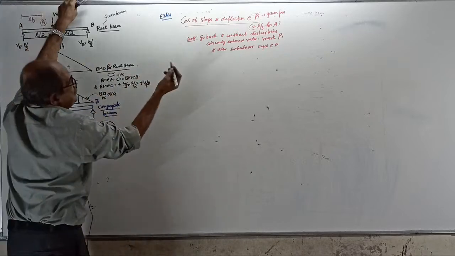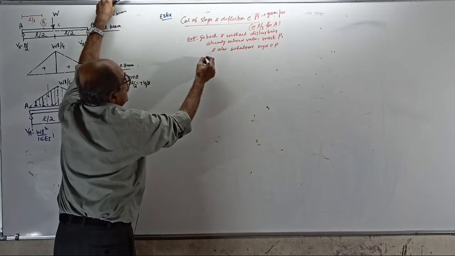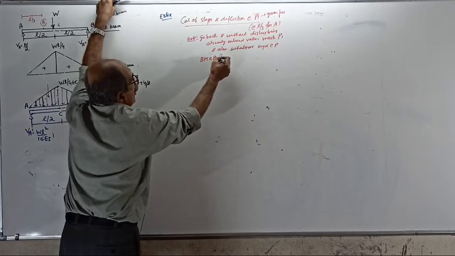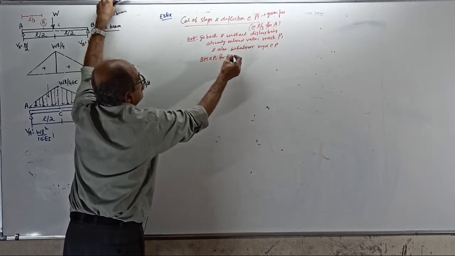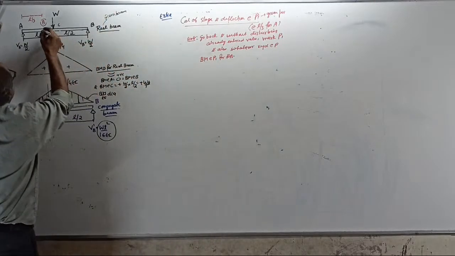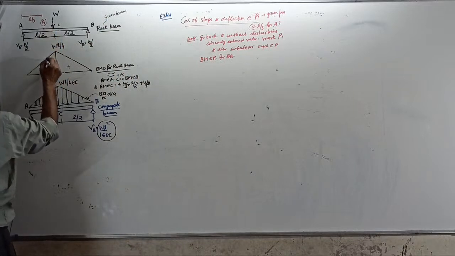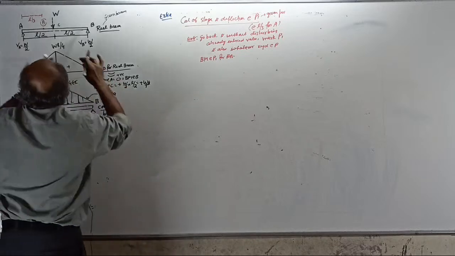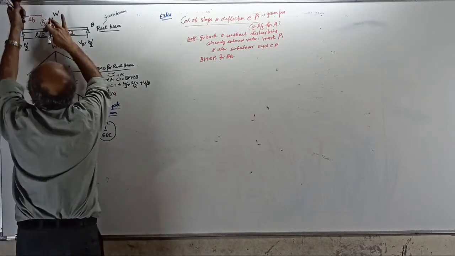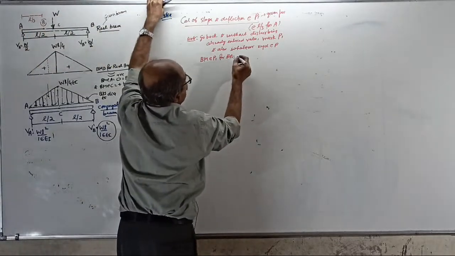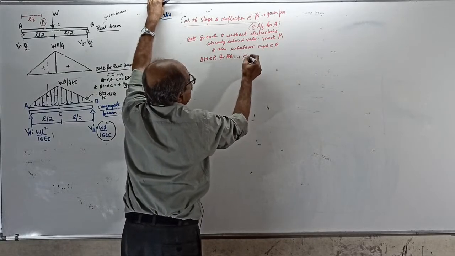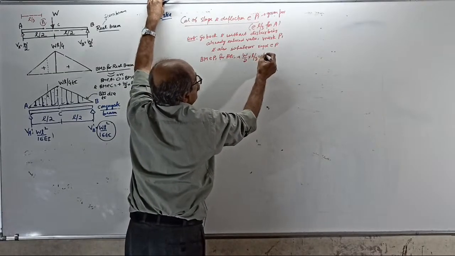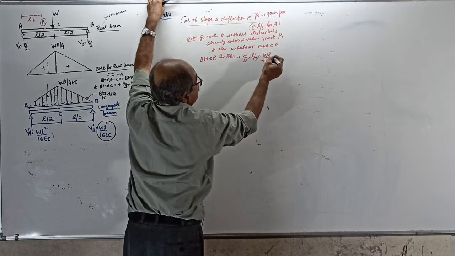Now, first I want BM at P1 for the real beam. I want what is this ordinate. Look this side. W by 2 into L by 3 plus W by 2 into L by 3 equal to WL by 6 positive.